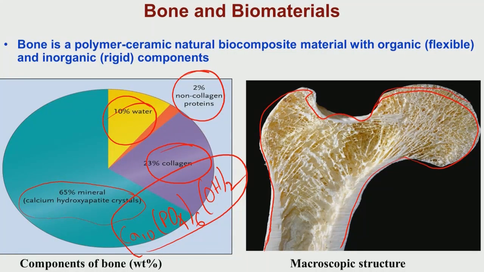In fact, it has a very non-uniform shape and size. So, any material you would like to use to replace a full bone structure should have sufficient machinability, so that you can shape this material to a particular shape.